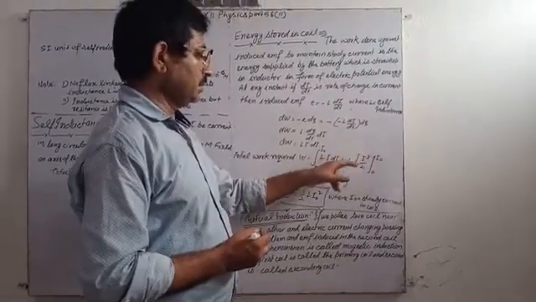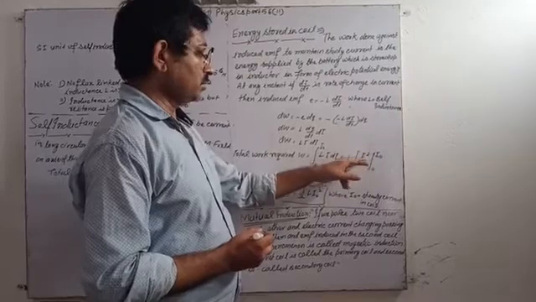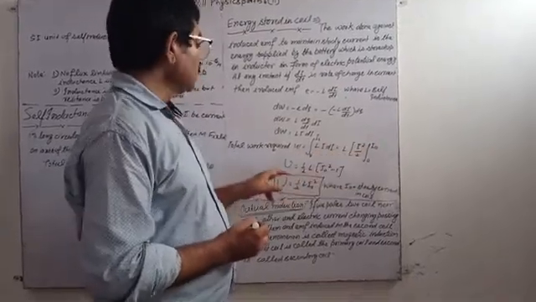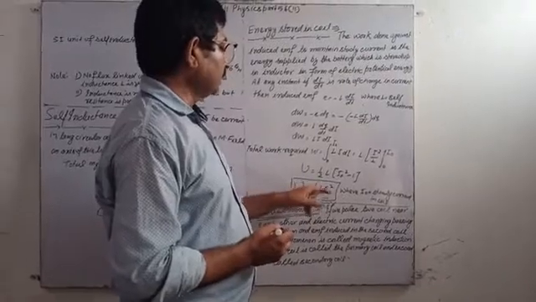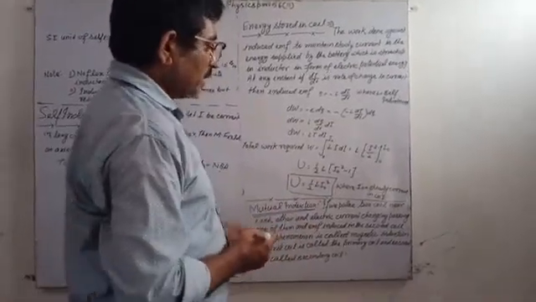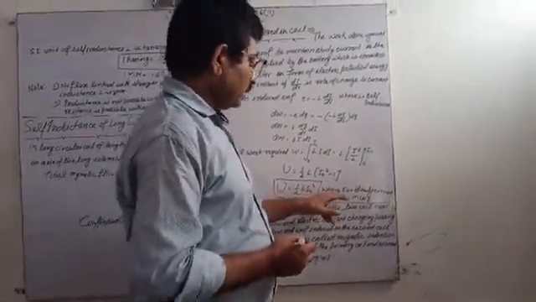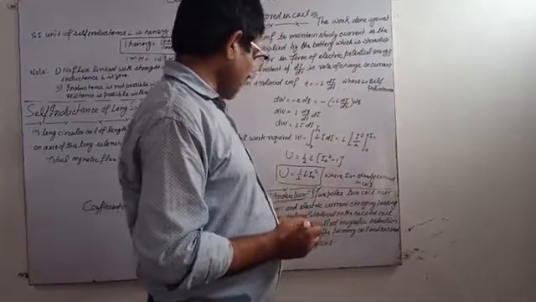L is constant, I square upon 2, from 0 to I naught. On solving, we get E equal to half L I naught square, where I naught is the steady current in the coil.